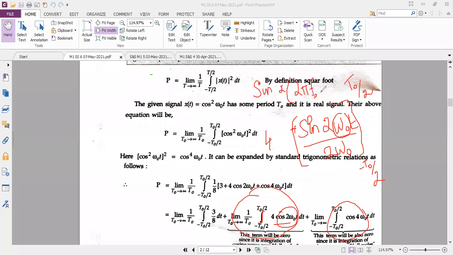Clear? In place of f naught, can I write it as 1 by t naught? When I substitute the limit t naught by 2, your t naught will be cancelled, and 2 will be cancelled. You will be getting only sin 2 pi.